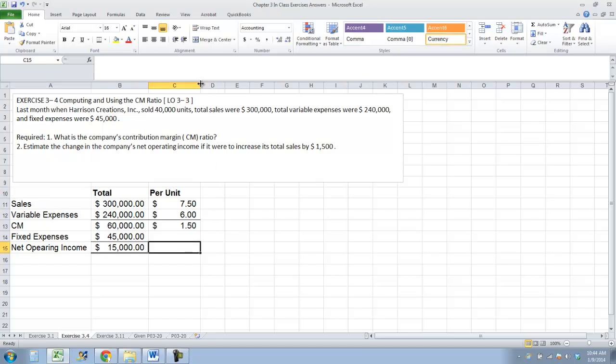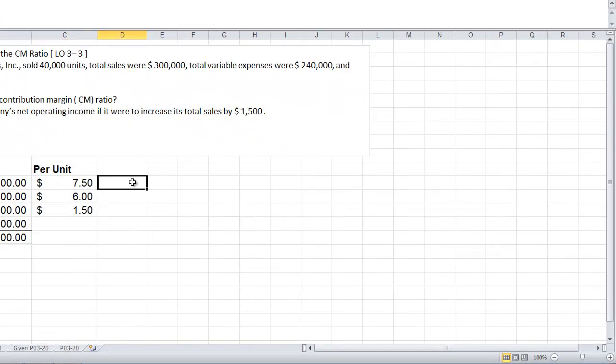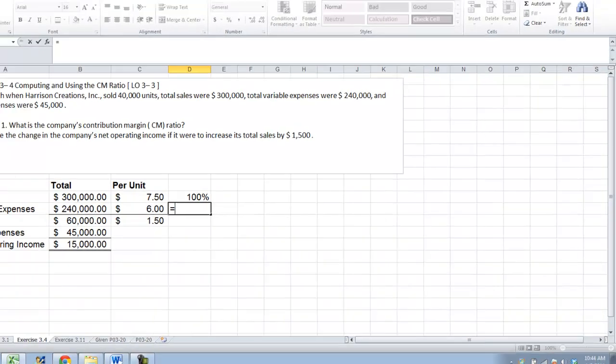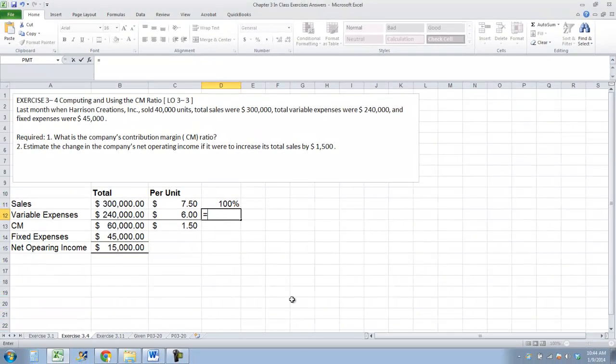Now, to find the contribution margin ratio, this is a ratio instead. So sales is always 100%. Variable expense divided by sales is 80%. So that means 80% of the sale goes to variable expenses.